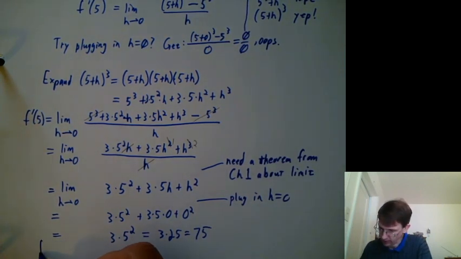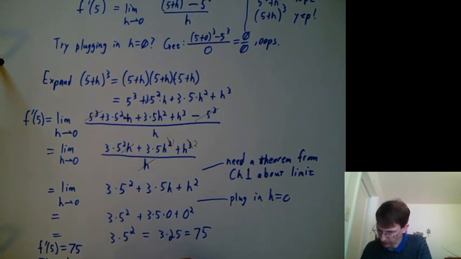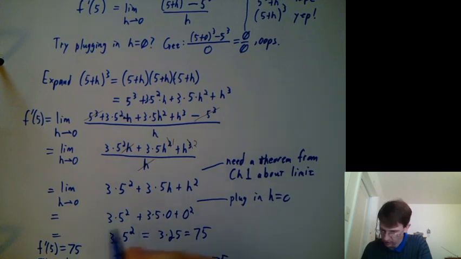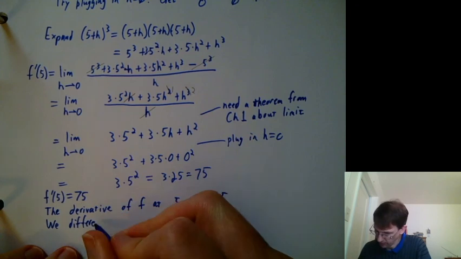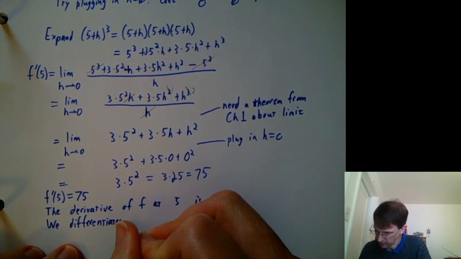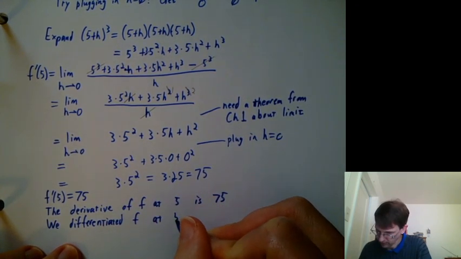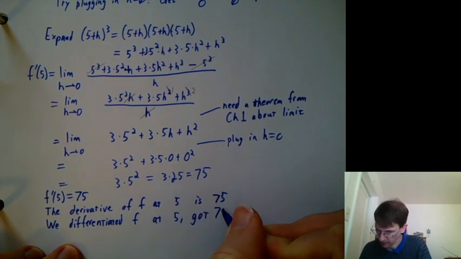So altogether, we've seen that f'(5) equals 75. We pronounce that as the derivative of f at 5 is 75. Or you could say we differentiated, that's the word for taking the derivative, we differentiated f at 5, and we got 75.